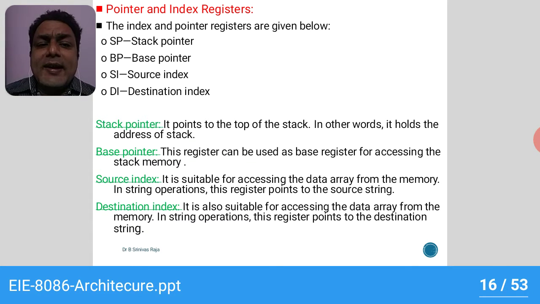Coming to the destination index, it is also suitable for accessing the data array from the memory. In string operations, this register points to the destination string. So the pointer and index registers are classified into 4 types: stack pointer SP, base pointer BP, and index registers source index and destination index. So this is how the registers of 8086 are classified.